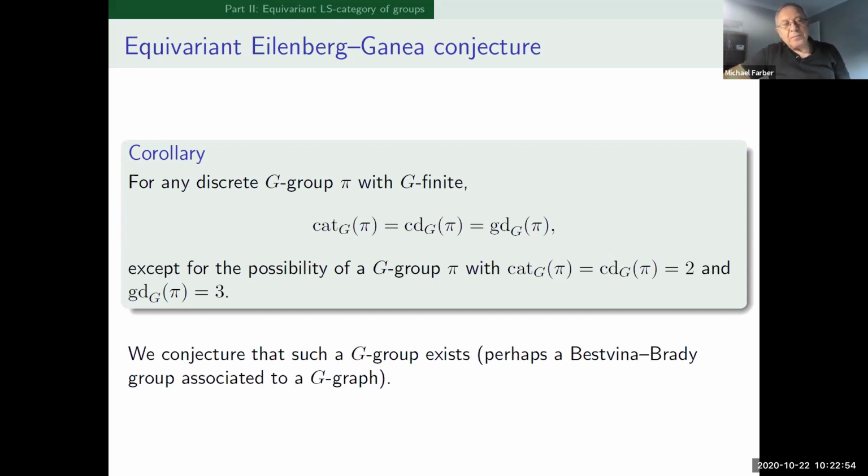And in fact, if you look at models producing random aspherical finite simplicial complexes, in many models both the Eilenberg-Ganea and Whitehead conjectures are satisfied. It doesn't prove the deterministic version of the Whitehead conjecture, but it still hints in this direction. Right.